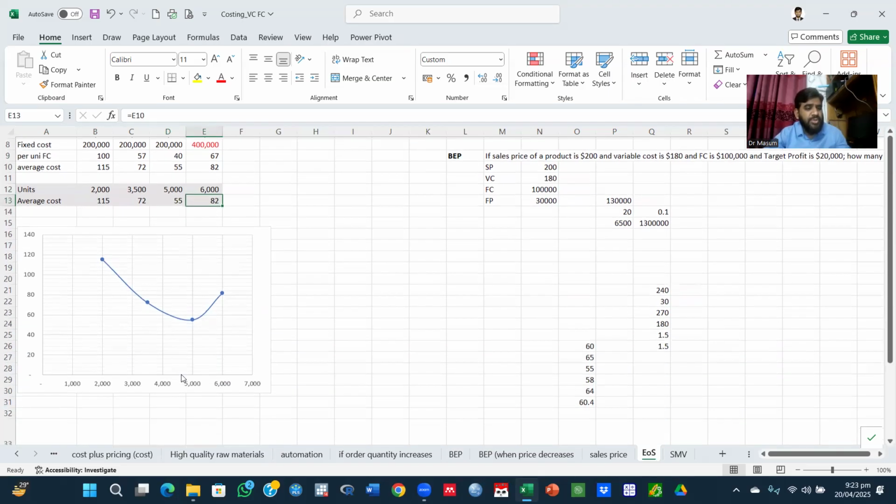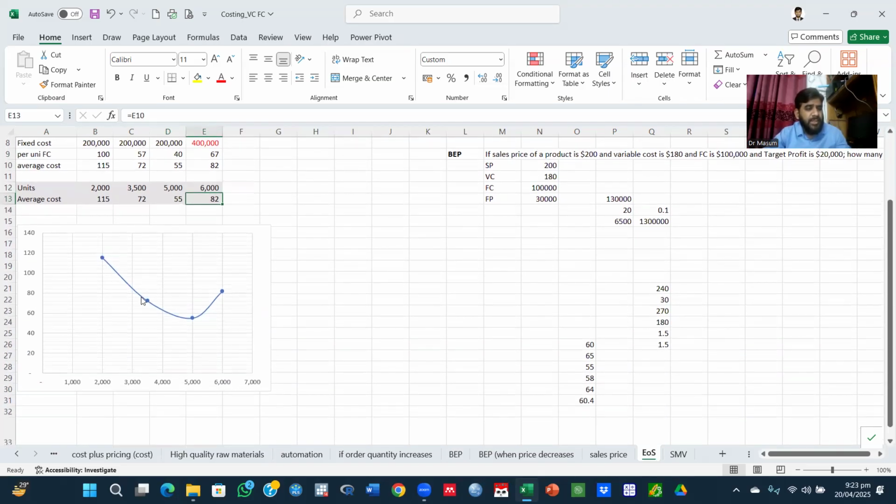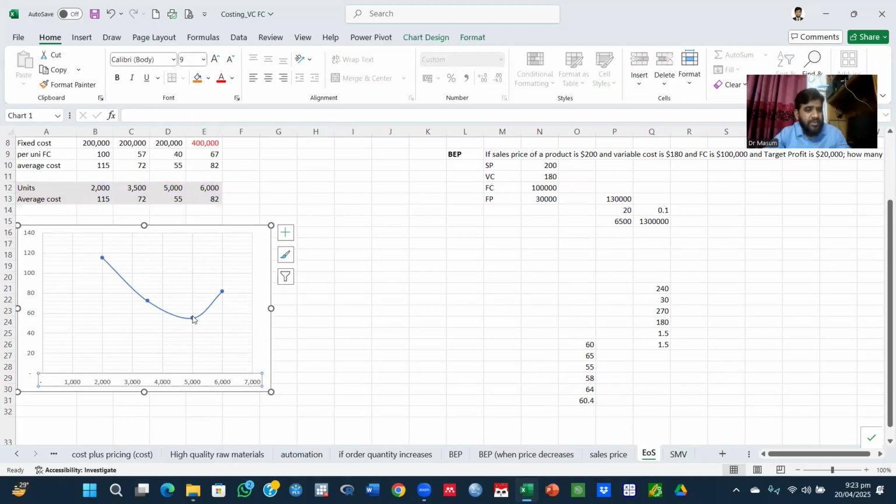And graphically, this is the graphical representation of the number of units and average cost. And at 5,000, at 100% capacity, your per unit average cost is minimum. And when you are going to produce more than 5,000, your average cost again increases.